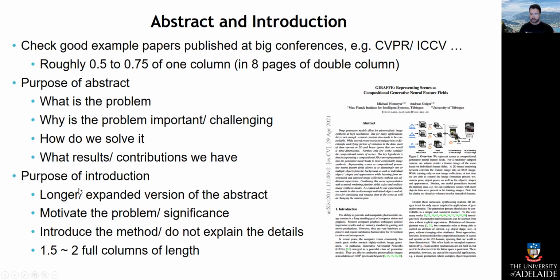The purpose of the introduction, you can think of it as a little bit longer version of the same thing. But you need to expand more on every part of the abstract. So you can expand basically the motivation behind the problem. You can start a little bit further away from saying what the problem is.